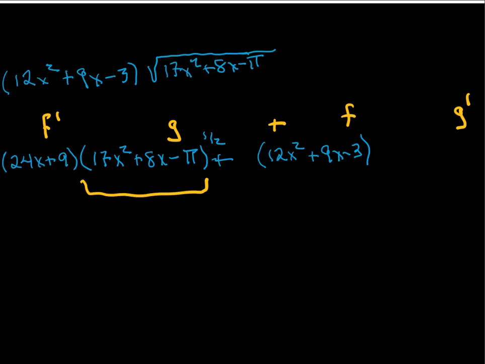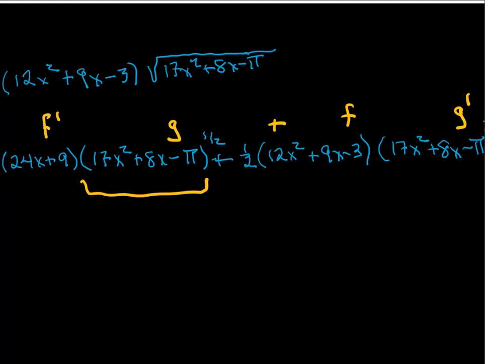And I'm just going to put this to the very front. So we have my 1/2. Now the stuff inside stays the same. 17x squared plus 8x minus pi all stays the same, but what does the exponent on it become? Negative 1/2. Yeah. Okay. So it's going to be to the negative 1/2.